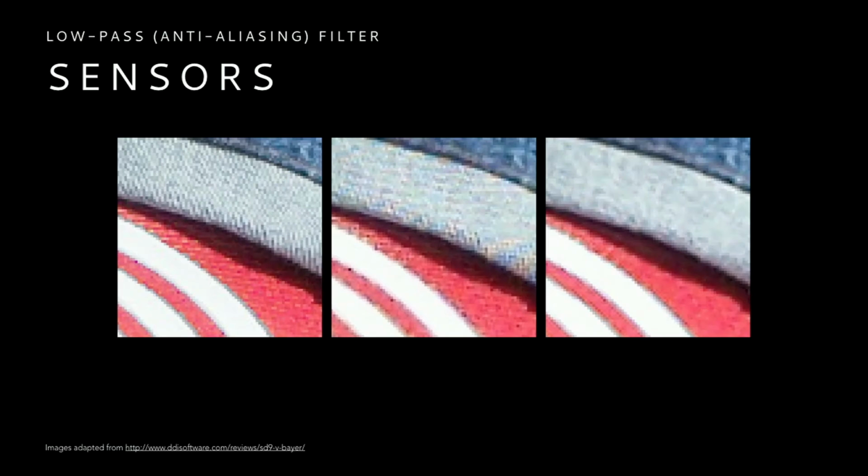We can see a couple of results when we image this very thing using a sensor that has a color filter array, which is used in the center, and a sensor that uses a color filter array but resolves some of the issues by using a low-pass filter, like we can see on the right.